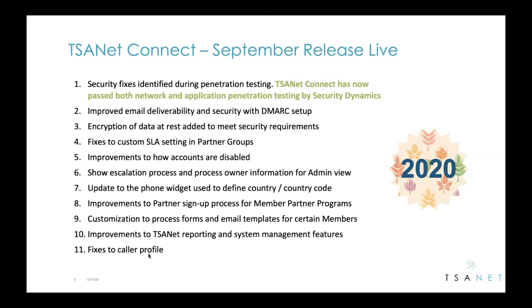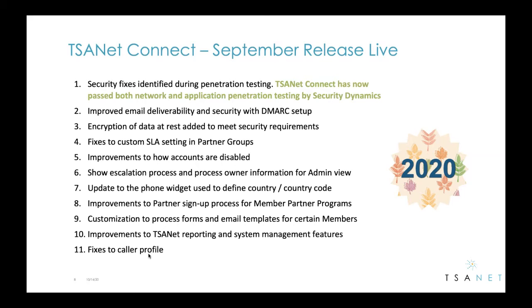And then the second is kind of user derived feedback. I would say probably the most asked one here is number 6. So we had quite a few members that were asking, hey, as admins, we would like to see on the process form the actual escalation process, who the process owner is, so we can communicate manager to manager if there's some systemic issue, or say you wanted to create a new process.